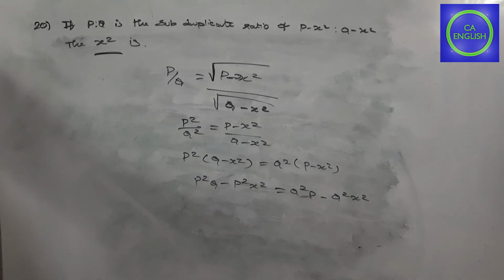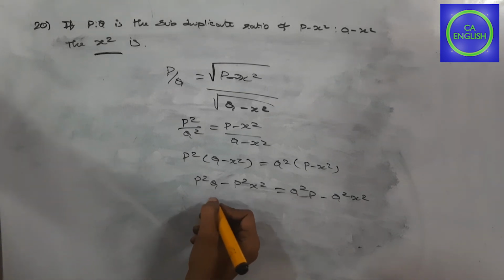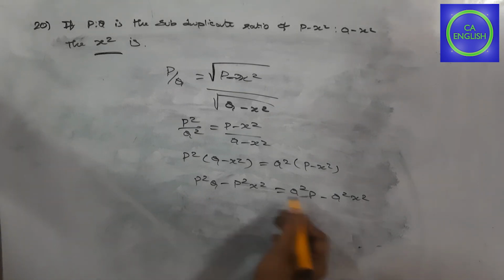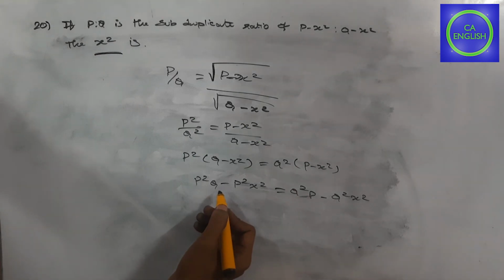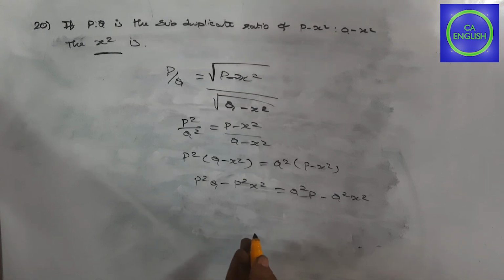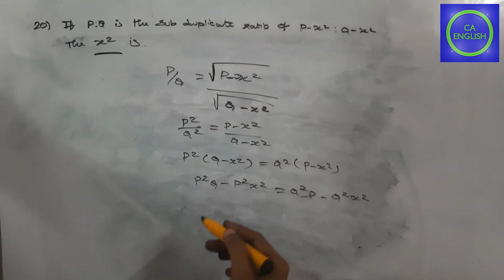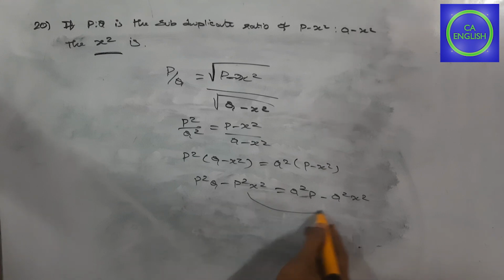Then we want to bring the common terms to one side. Here are q square p and p square q. Bring this side and get this to this side.